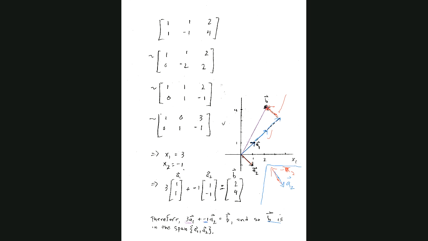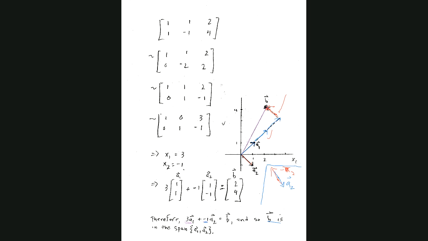And so b is in the span of a1 and a2. In other words, by taking a linear combination of the a1 and a2 vectors, b can be reached, it can be touched by a linear combination of a1 and a2.